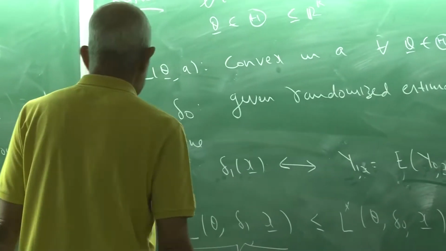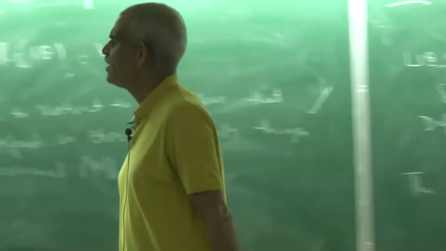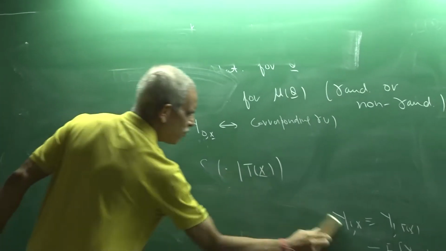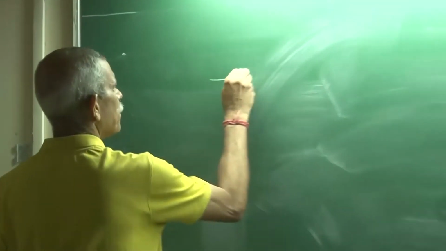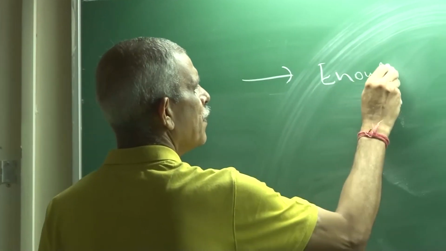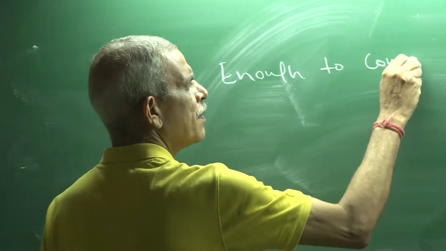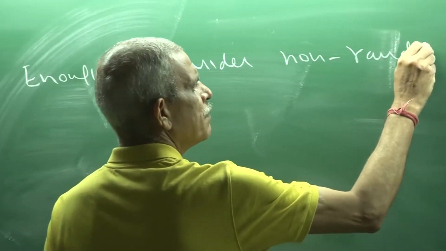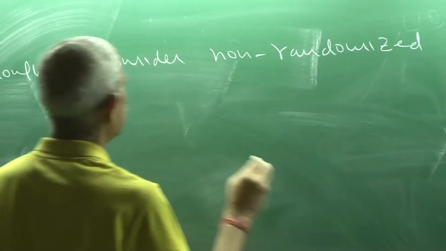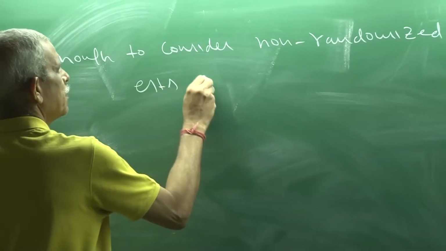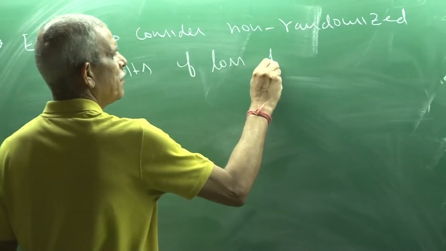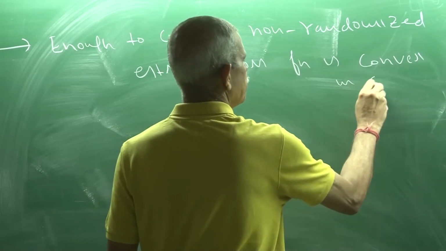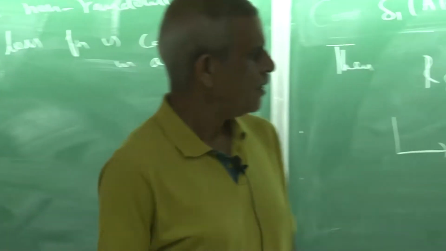So what does it suggest? This says that it is enough to consider non-randomized estimators if your loss function is convex, convex in A. Why?